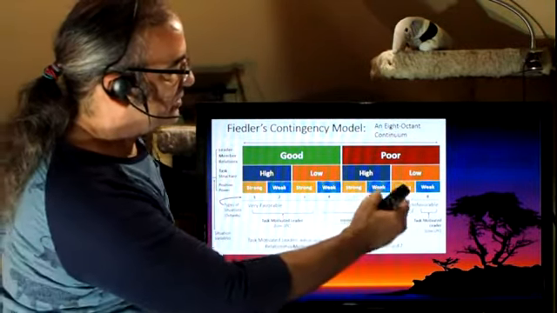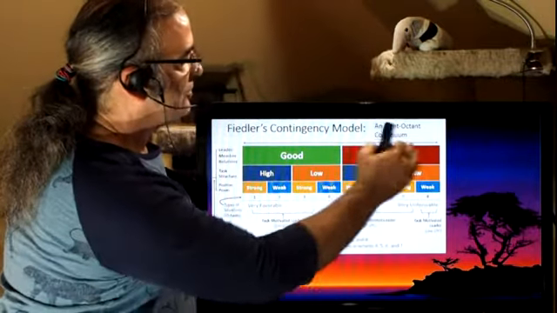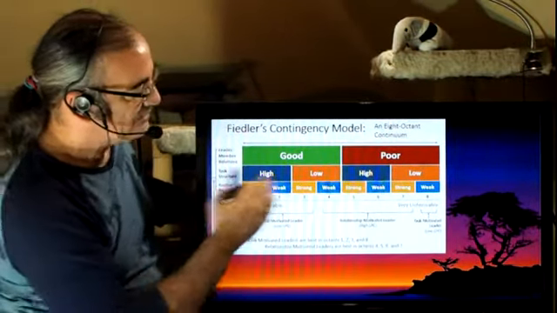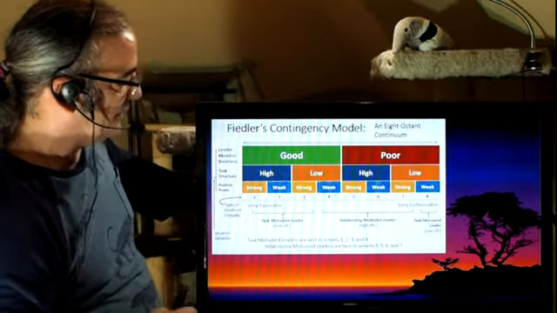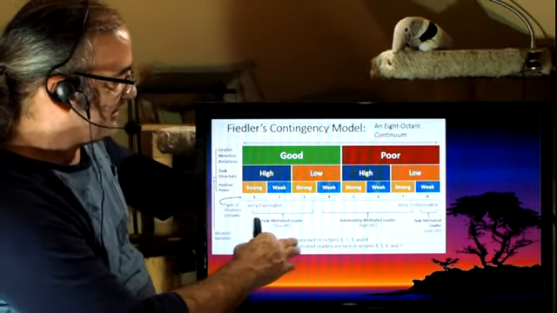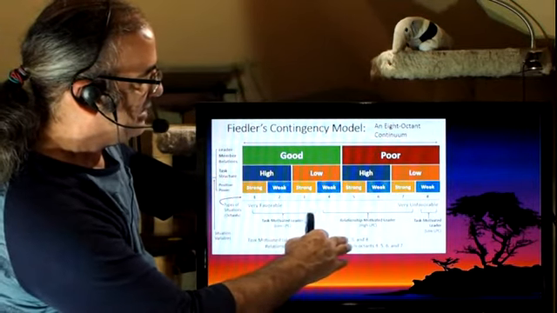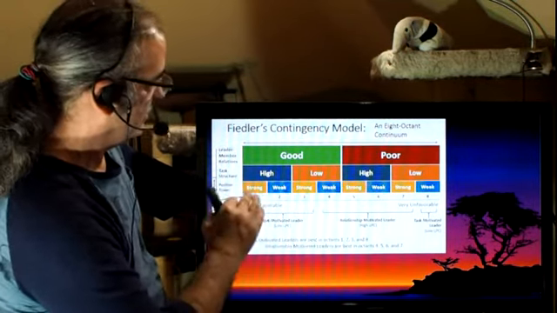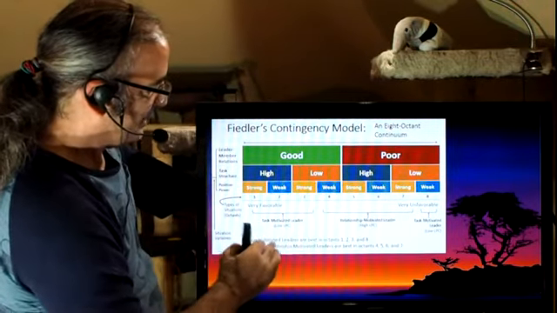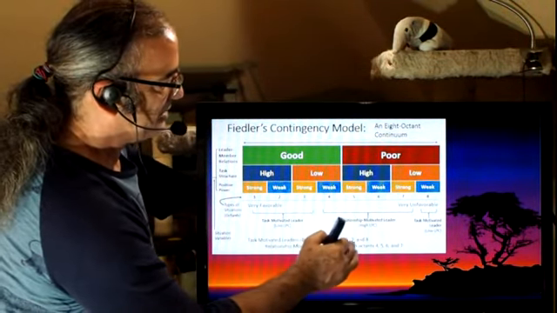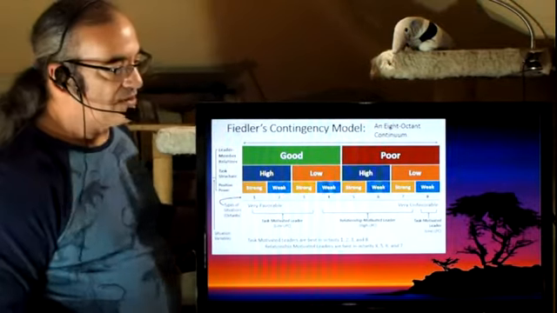So what we're doing is allowing the situation based on these 3 criteria to dictate what the leader might look like. Task-motivated leaders are best in octants 1, 2, 3, and 8, whereas relationship-motivated leaders are best in octants 4, 5, 6, and 7.